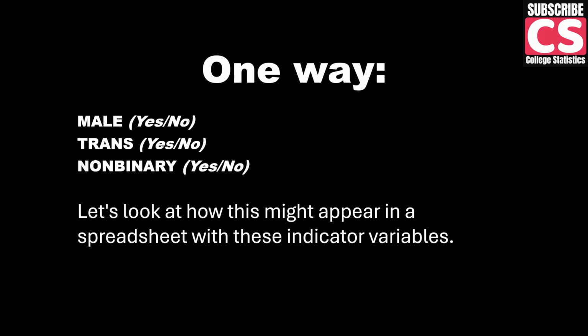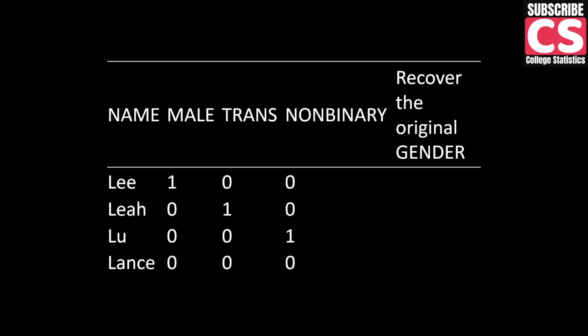Let's look at how this might appear in a spreadsheet with these indicator variables. Here we have a sample of a spreadsheet. We have the name of 4 people: Lee, Leah, Lou, and Lance.